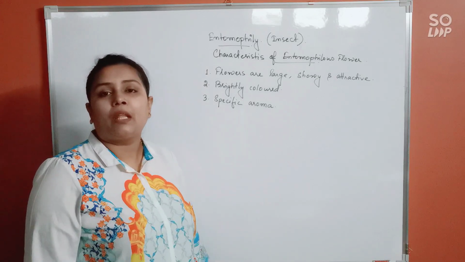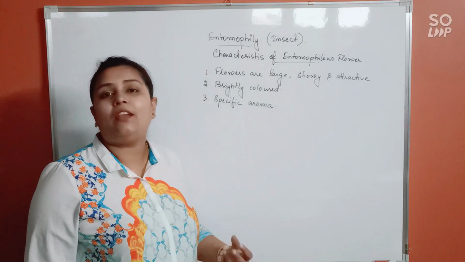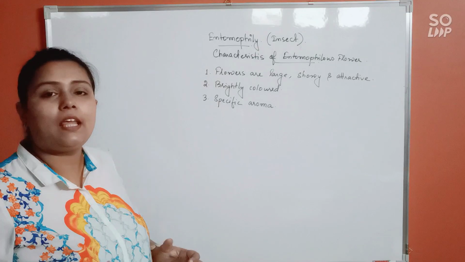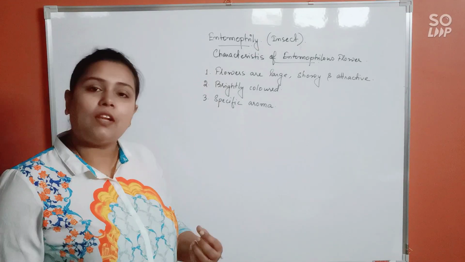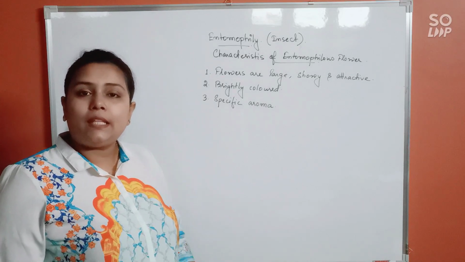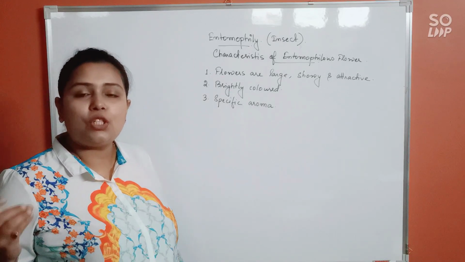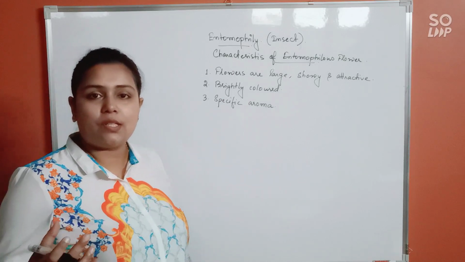Why? Because see, there are certain flowers which might not smell very beautiful. They might rather be just the opposite. That means they might smell very foul as well. Why? Because flies and beetles, these kind of insects, will be attracted only to those places which have rotting or which are undergoing some decomposition process, isn't it?